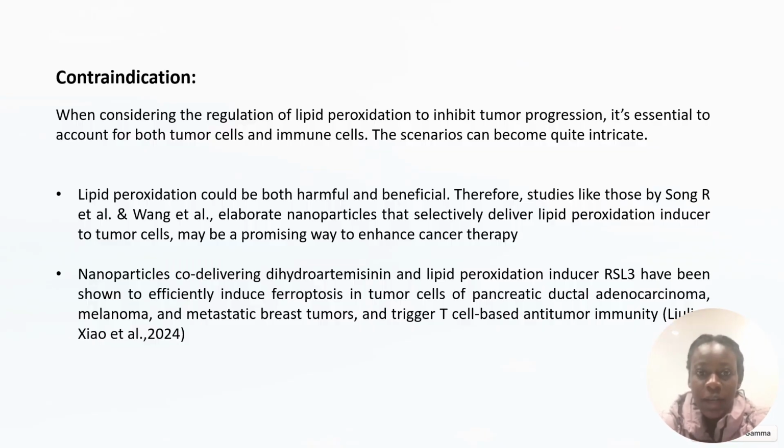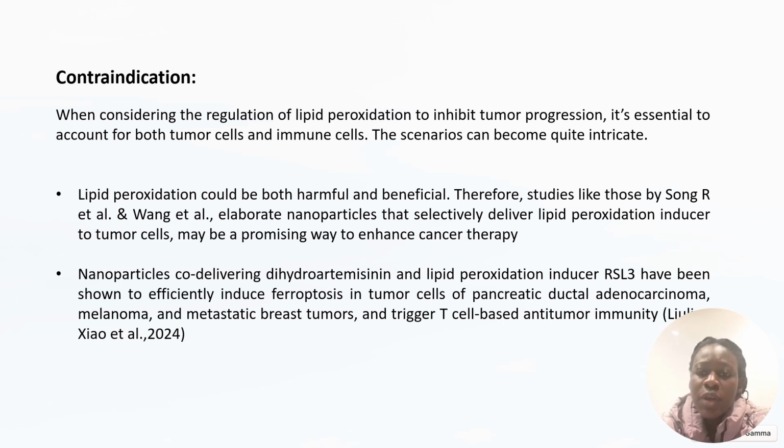So we talked about how regulation of peroxidation can help in the prevention and treatment of cancer. Now I just want to talk about contraindications. When considering the regulation of lipid peroxidation to inhibit tumor progression, it's essential to account for both tumor cells and immune cells.